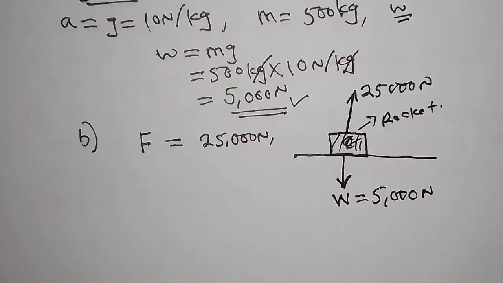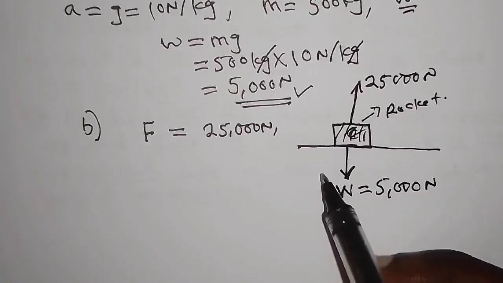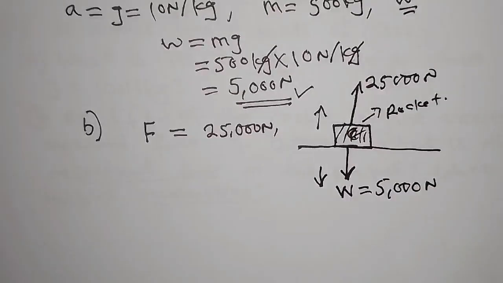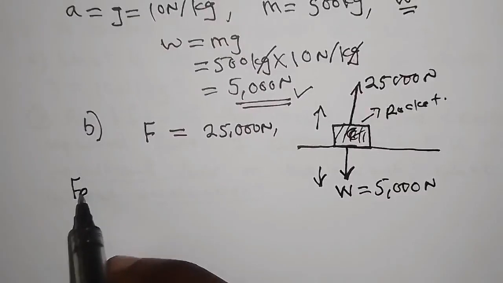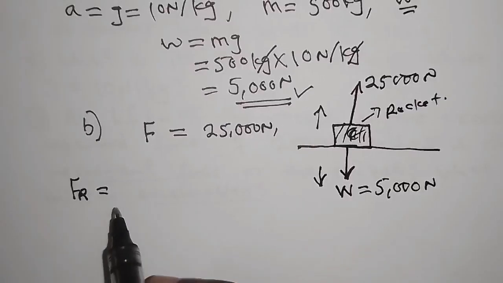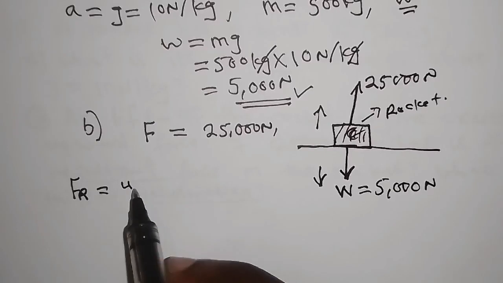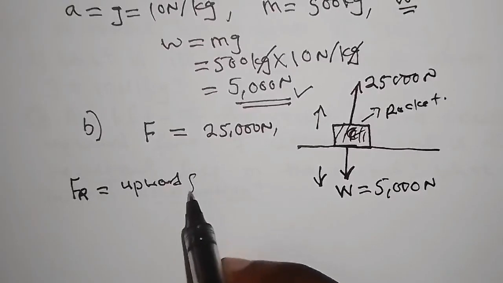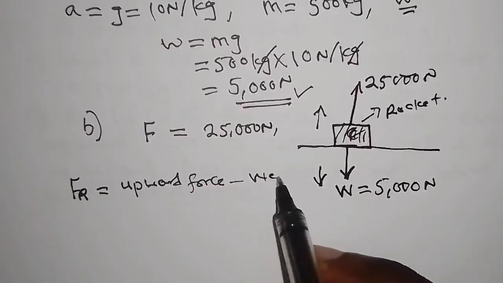So I need to find the resultant force. Now this force is downward and the other one is upward. So what you need to do is the resultant force, meaning R, will be equal to the upward force, because that is the larger force, minus the weight.